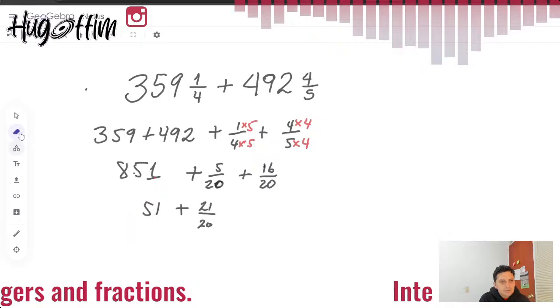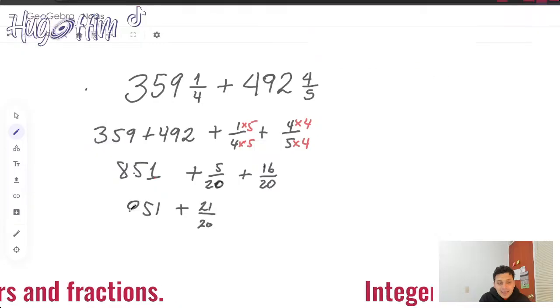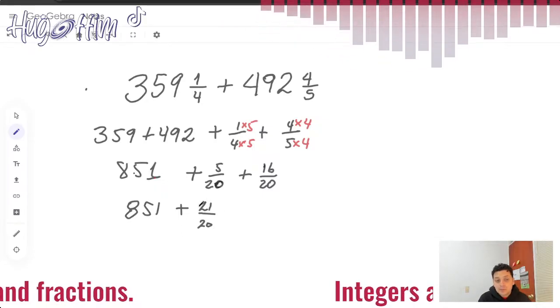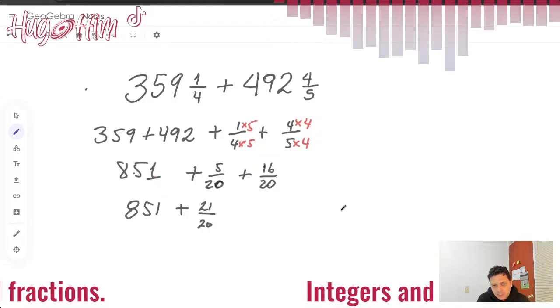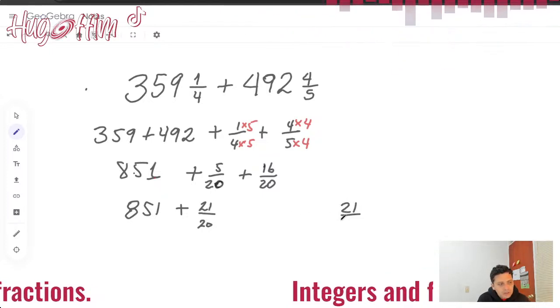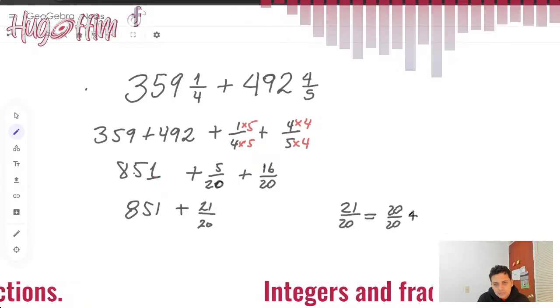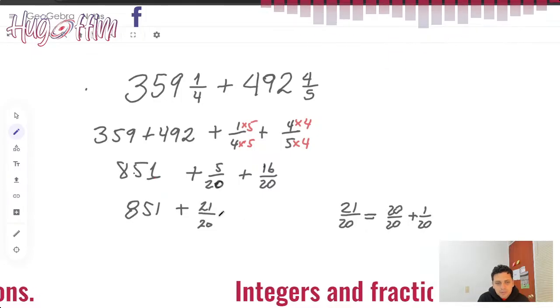Okay, 21 over 20. And here is the catch. It happens that 21 over 20 is an improper fraction, right? So I need to convert it to a mixed number. I can do it mentally, but I want to show the strategy that I use. That is, 21 over 20 is just 20 over 20, a multiple of 20, plus 1 over 20. So 20 over 20 is 1.